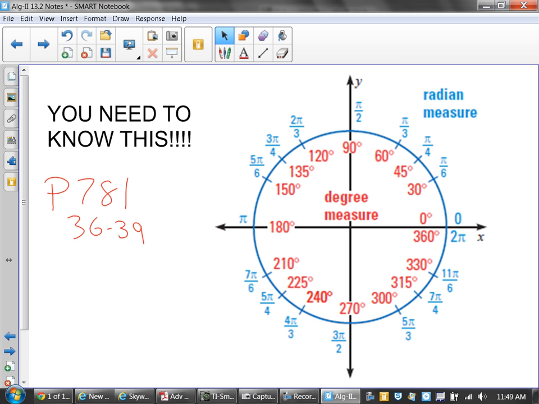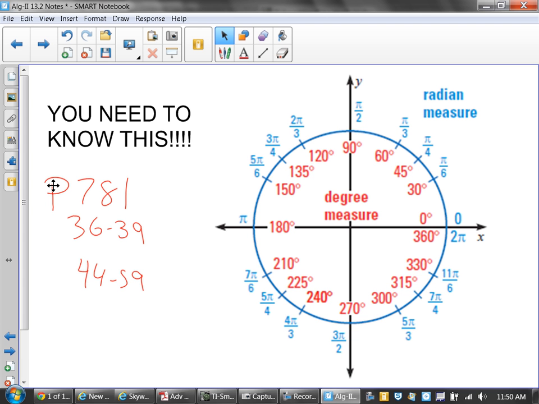I've got 4 problems for you to work on with positive and negative coterminal. And then 44 through 59 is just converting, from radians to degrees or from degrees into radians.